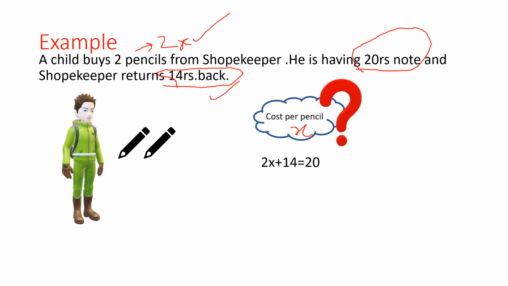So we will frame an equation: 2x plus 14 is equal to 20. Solving this equation, we can easily get the cost per pencil. So you will find this will become 2x is equal to 6, and x will give you the value 3.